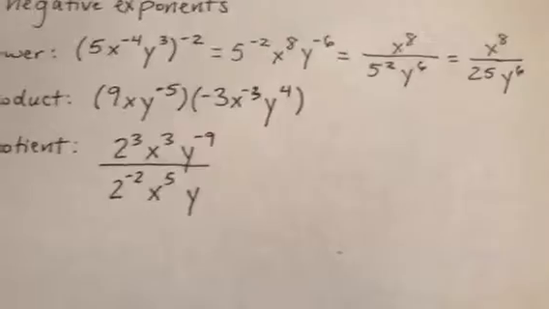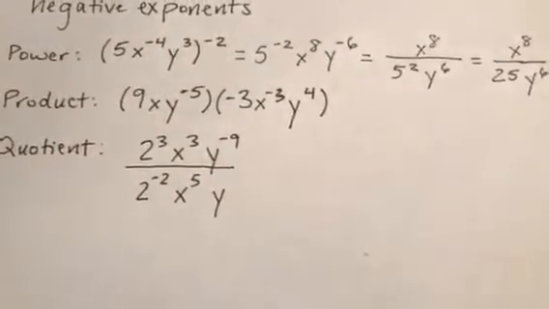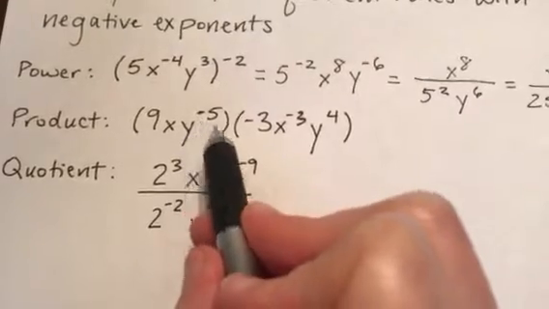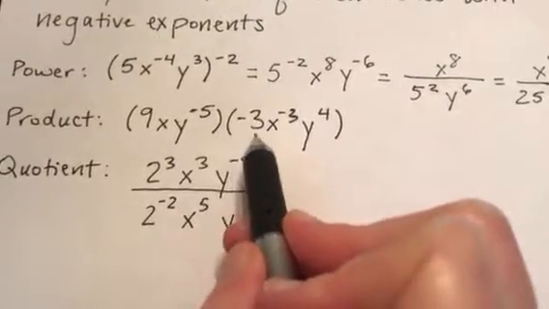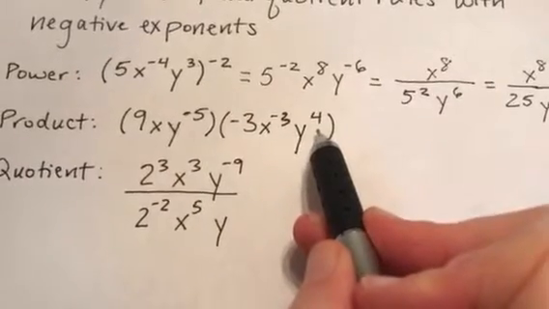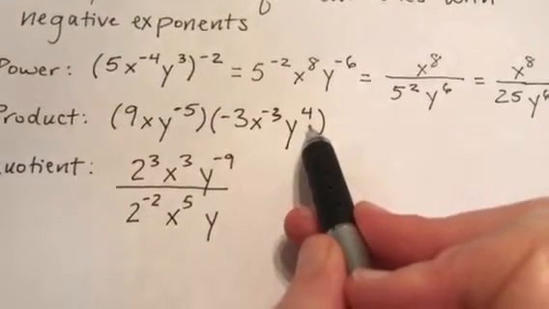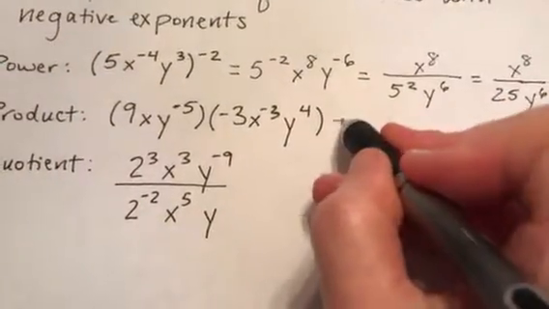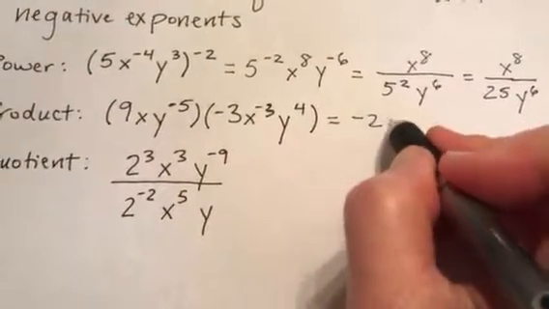Okay, now taking a look at the product rule with negative exponents, 9xy to the negative 5th times negative 3x to the negative 3rd y to the 4th. Okay, we can multiply things that are alike, and so 9 times negative 3 would be negative 27.